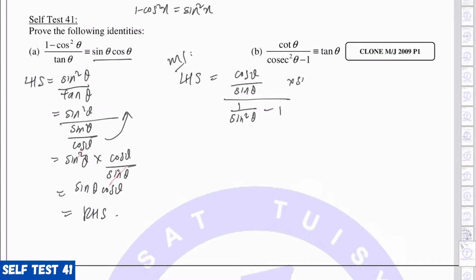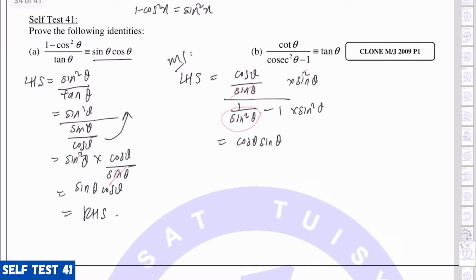Then I multiply top and bottom with sine square. Multiplying by sine alone is not enough, because the term that you have over here is sine square. So I want to get rid of this, and we can do so by multiplying top and bottom with sine square. Once you've done that, you're left with cos theta and sine theta. Take note, these two I can cancel.